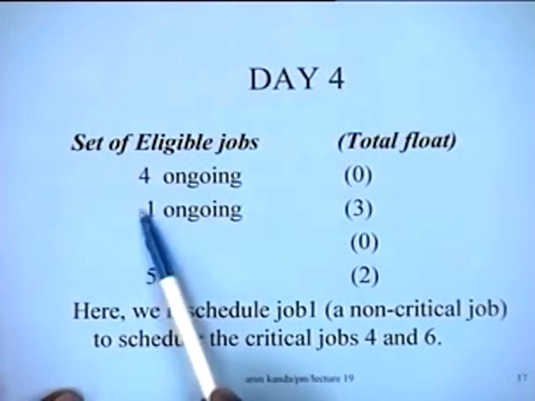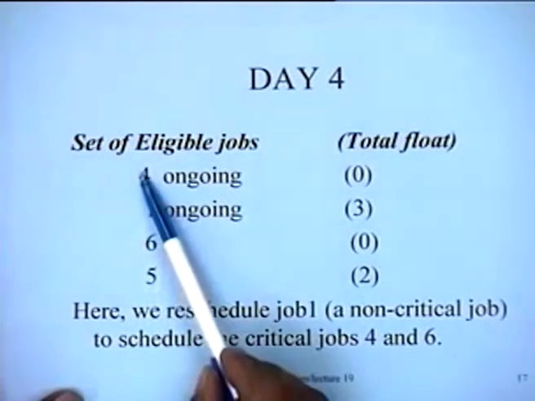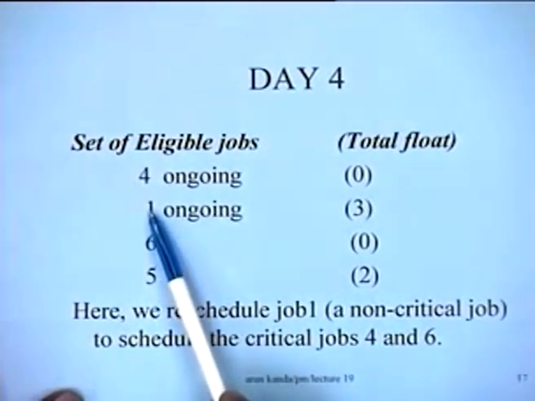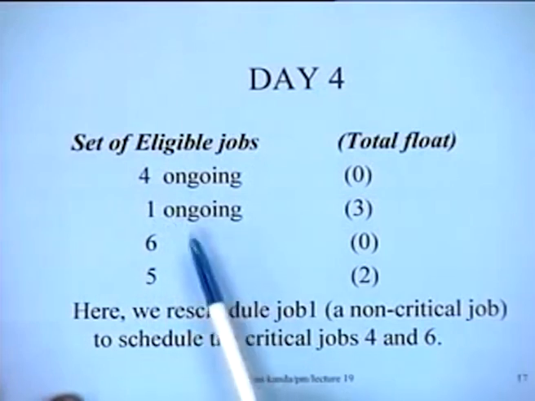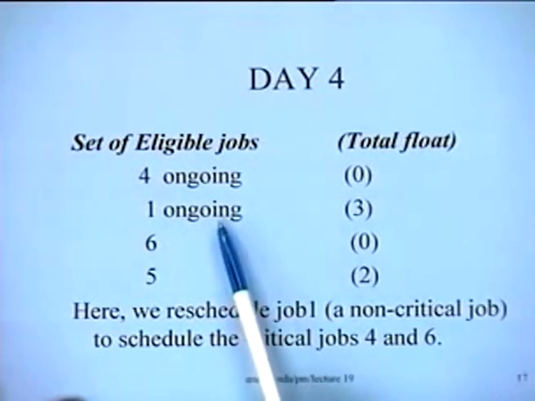So if we give up 1, then 6 and 4 can be accommodated within the resource availability of 10, right. So that is what the third rule says, that if this is possible, let us try to do that.